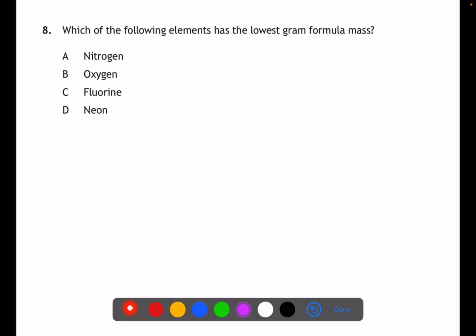Question 8. Which of the following elements has the lowest gram formula mass? This question is really testing your knowledge of formula and which elements are diatomic. So for nitrogen, nitrogen is a diatomic molecule with the formula N2. It therefore has a gram formula mass of 14 times 2, 28.